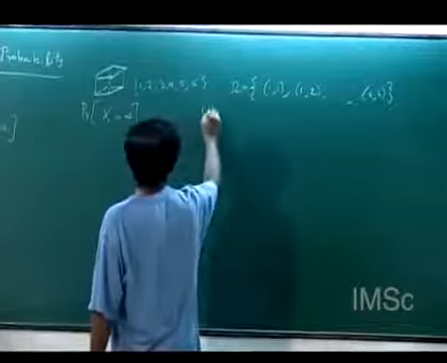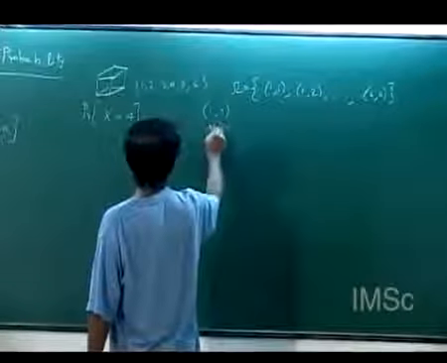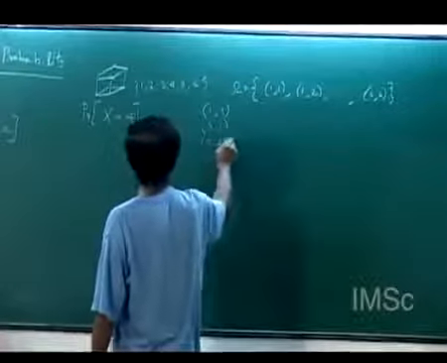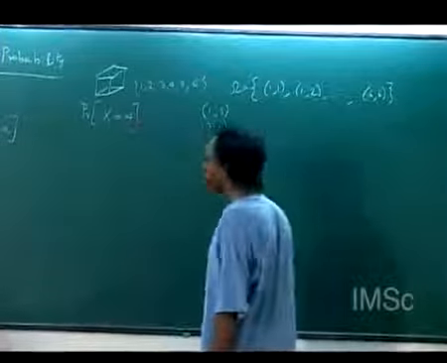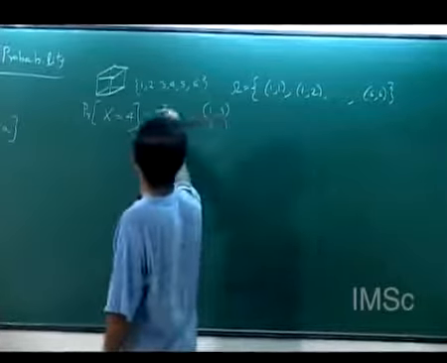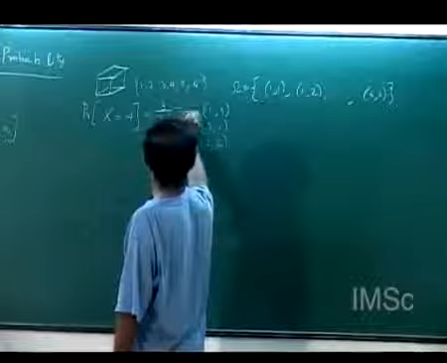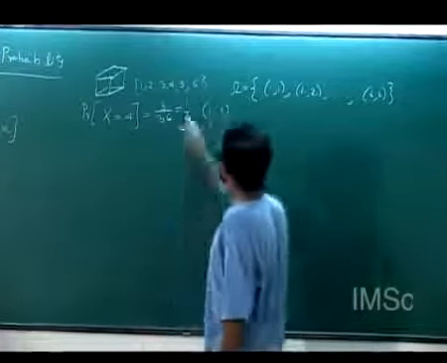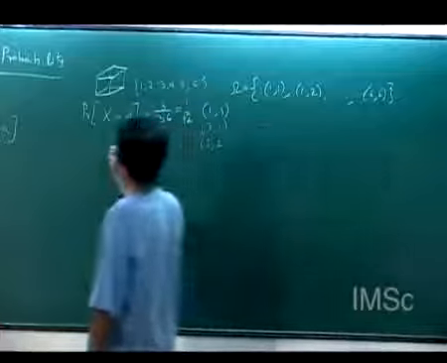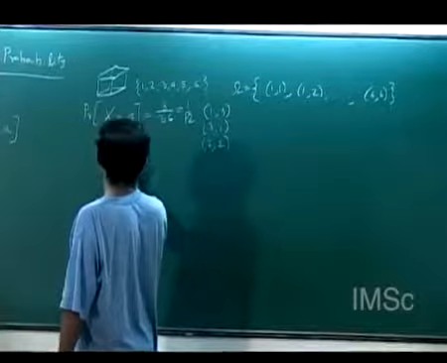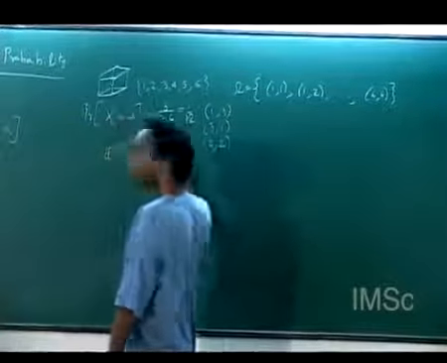So this is like (1,3), (3,1), (2,2). So this probability is 3 by 36. Now by expected value of x, you know what I mean.